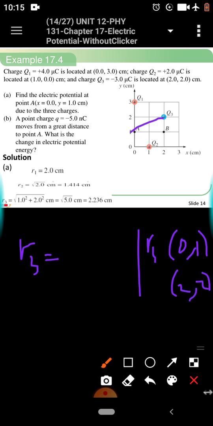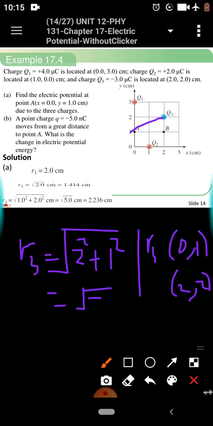When you use the distance formula, it will be 2 minus 0, which is 2, then 2 minus 1, which is 1. So here we'll have the square root of 5. So this is the answer.